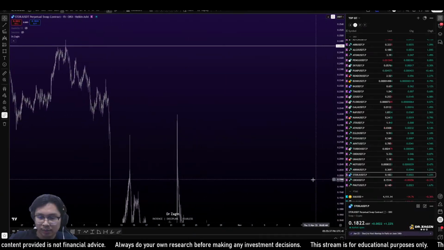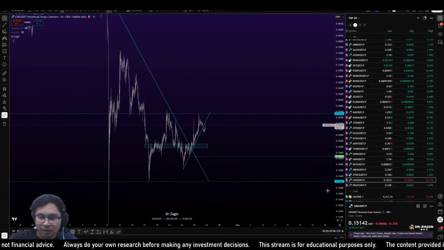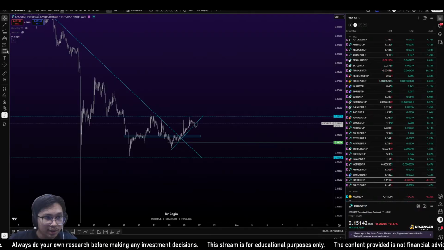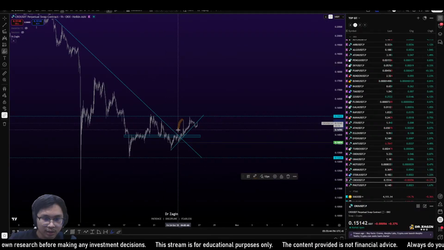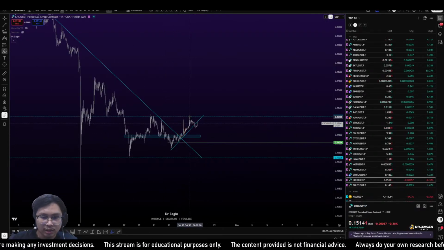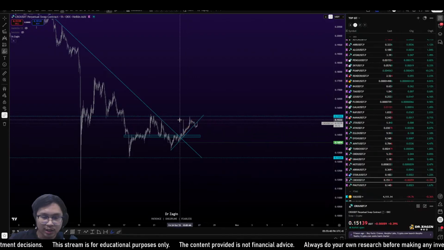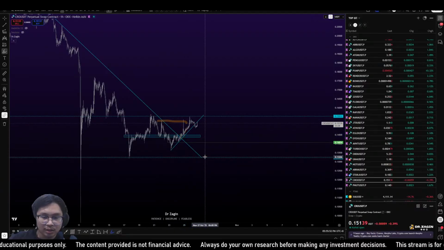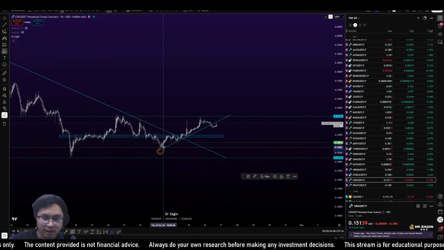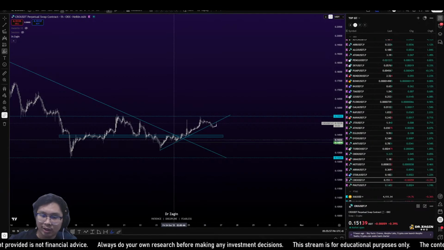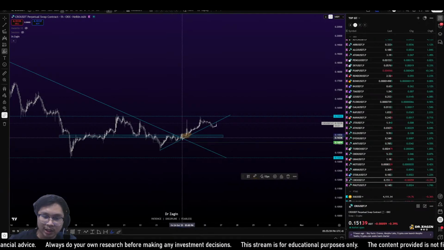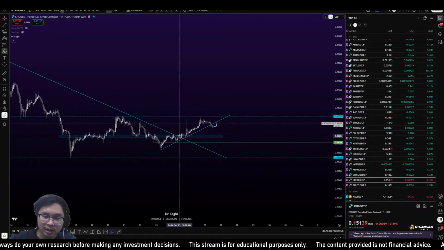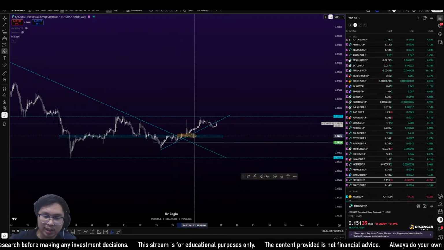Nah. I traded this, by the way, guys. I did not trade this anymore. Only this. Previous high here. And like what I did on OKB, from the trend line as well, I entered here. Then this rectangle.